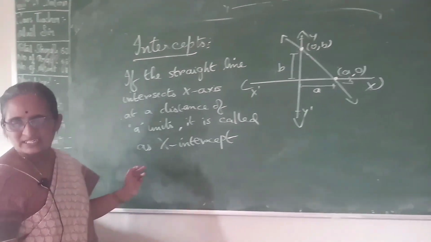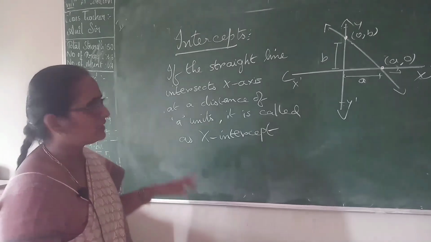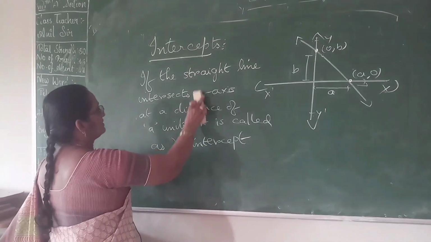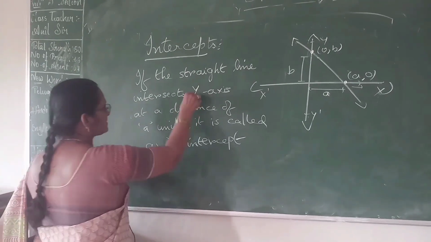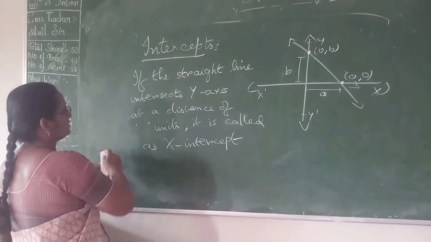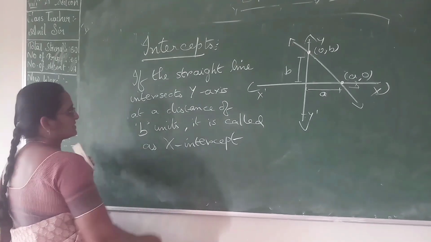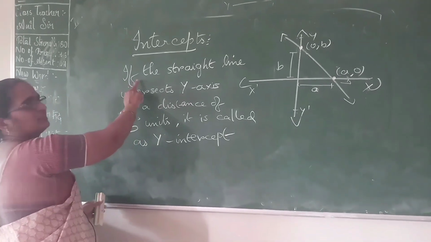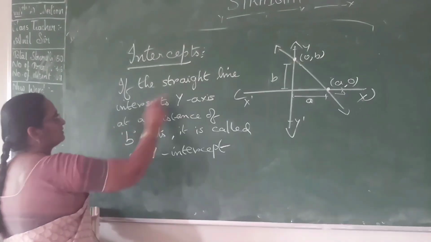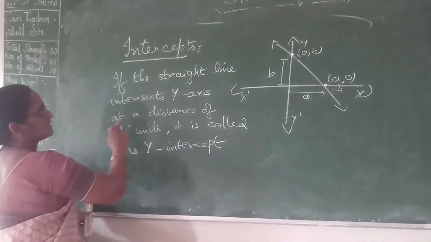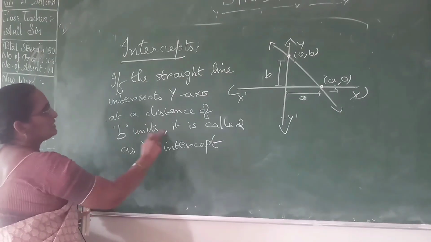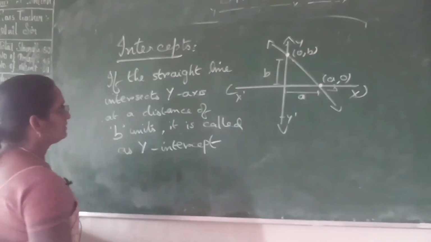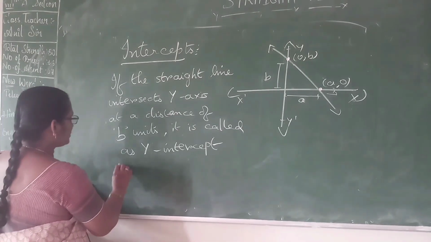So this is about the x-intercept. Now, next one, if the straight line intersects the y-axis at a distance of b units, then it is called the y-intercept. I read again. If the straight line intersects the y-axis at a distance of b units, it is called the y-intercept. So, note 2 points here.